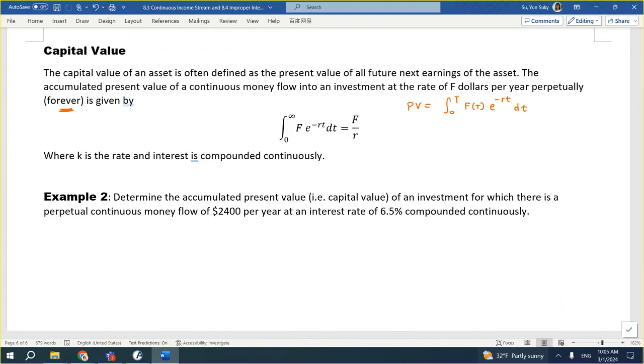So you let t go to infinity. And here you assume f is a constant function, right? So f is just a number, a constant function. You have a fixed amount of money flowing each year, continuously. Okay, and then 0 to infinity.